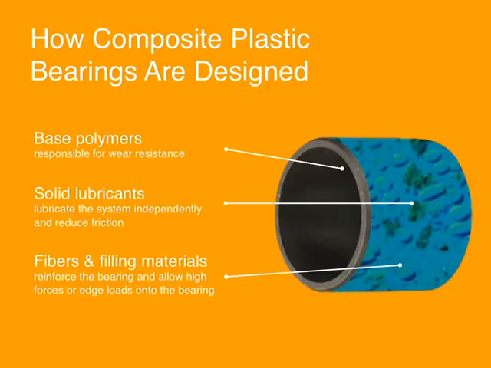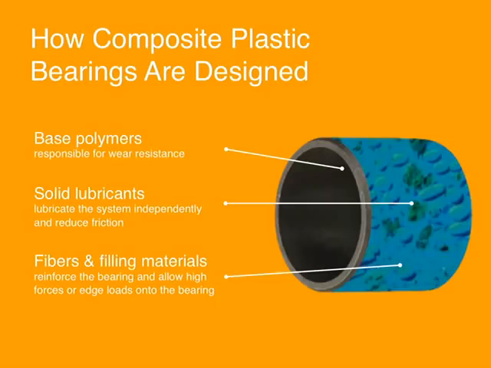What we do is we start with base polymers. It could be a POM, it could be a PA base, and those base polymers are responsible for the main mechanical properties of the bearing itself. It gives the core strength, load carrying capability, and the core temperature limits of the product. To that, we add a matrix of solid lubrication. Sometimes that takes the form of PTFE fillers.